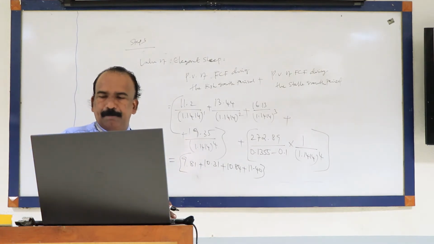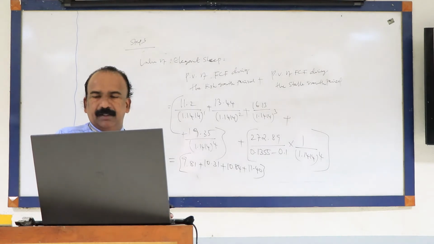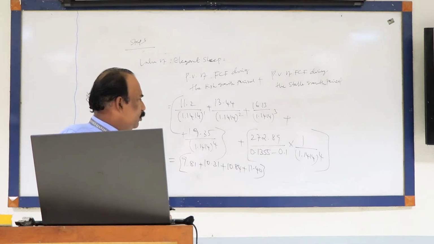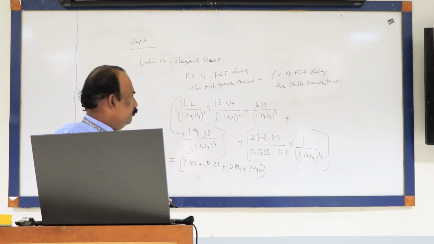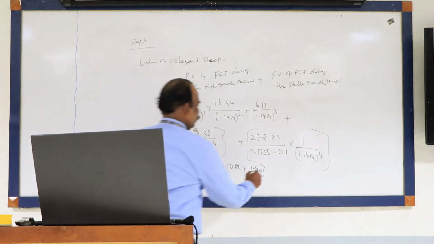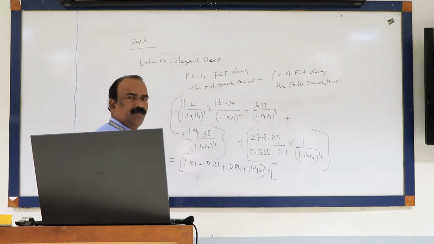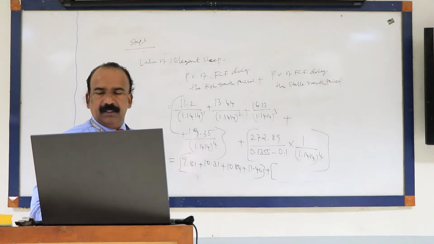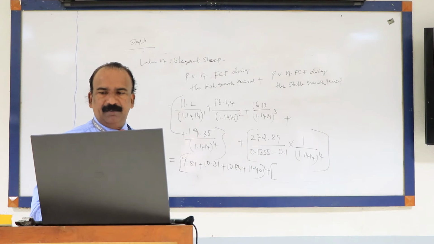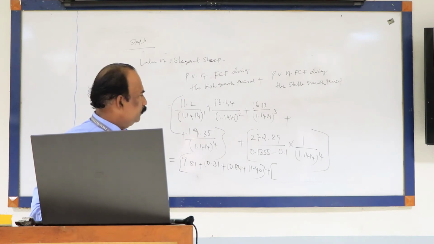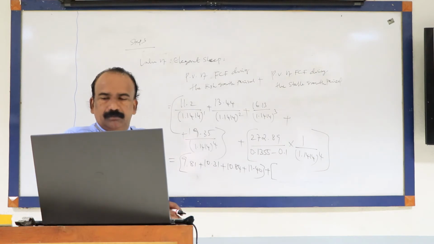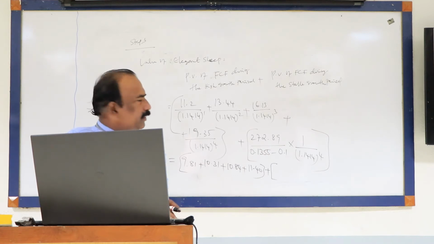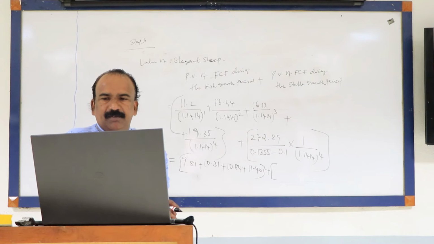So 9.81 plus 10.31 plus 10.84 plus 11.40, plus the present value of cash flow during the stable growth period: 272.89 divided by 0.1355 minus 0.1. First you calculate that. How much does it come to?